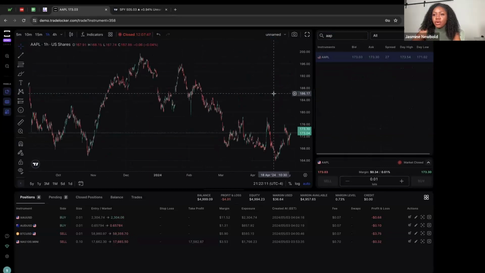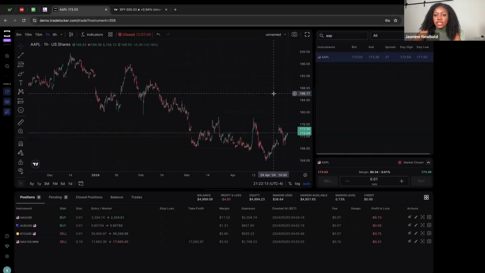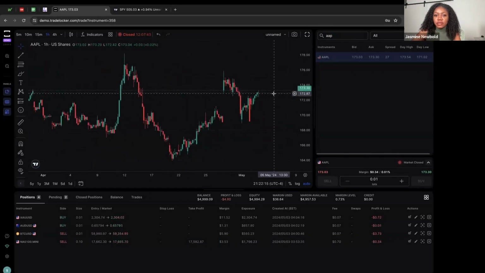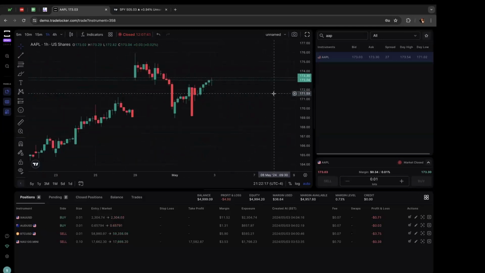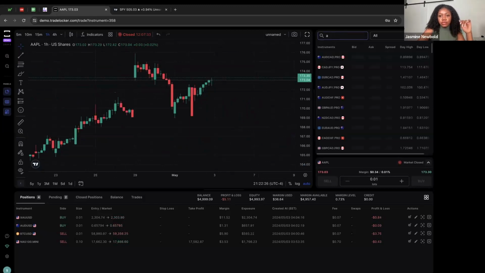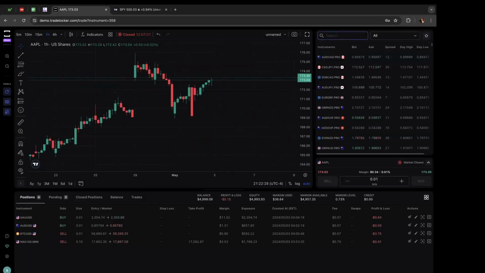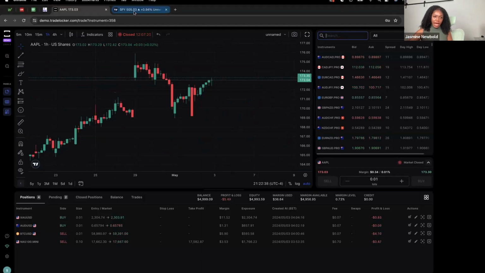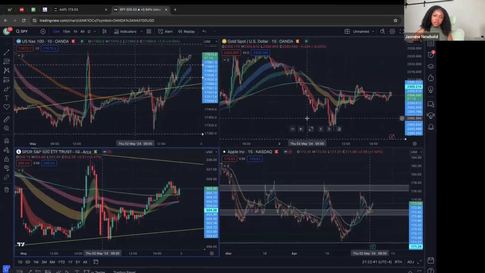TradingView owns TradeLocker, so it's their Forex platform. It's not going to connect to Robinhood or something; it's only going to connect to Forex brokers. So when I make a trade on TradeLocker, can I see it on TradingView? No. Similarly, I can't see my markups.